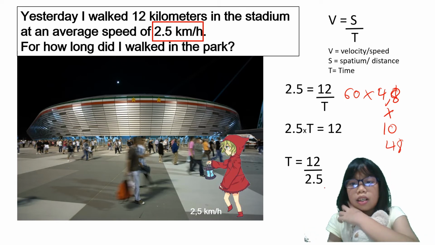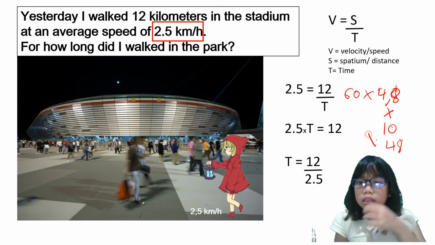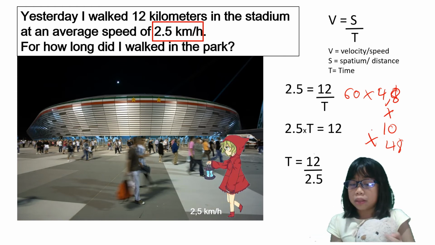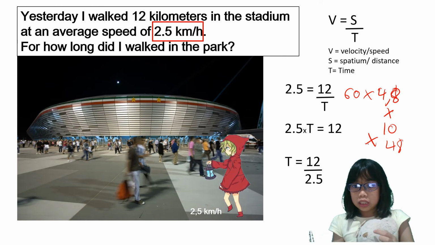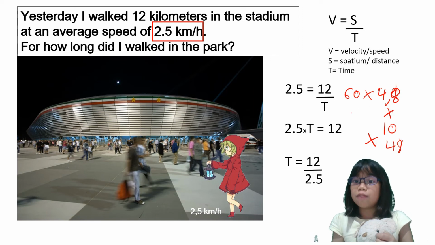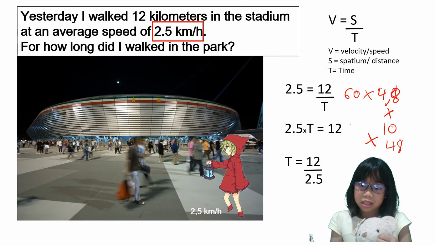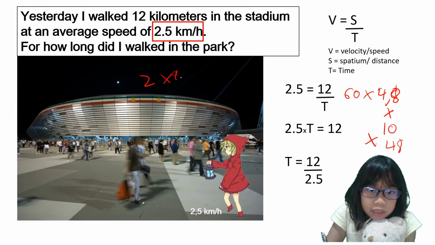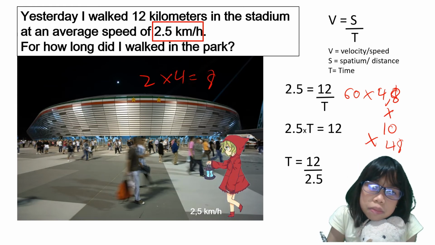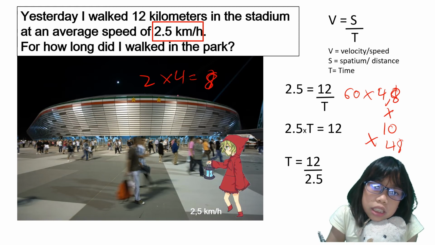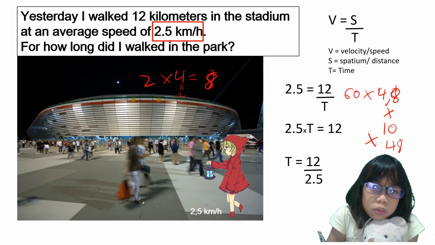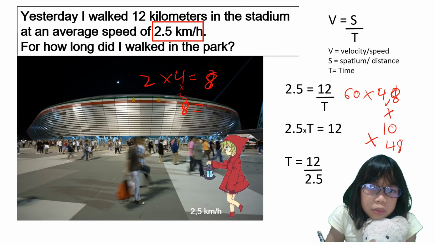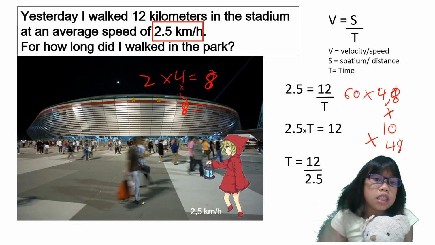So this we have to times 10, so it'll be a whole number, which is 48. But this is times, not divided by. So if this is times 10, the other divides by 10, not times 10, because look: 2 times 4 equals 8, and if we times this by 2, this becomes 8, and we need the answer to stay the same.